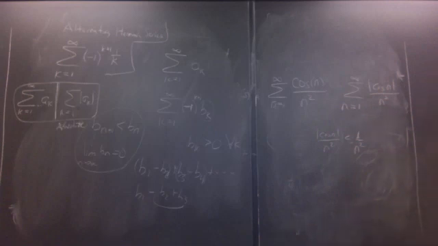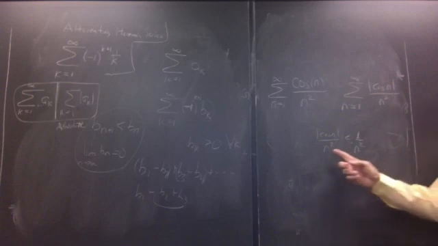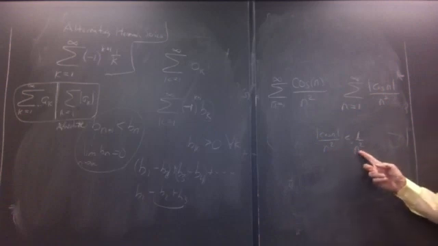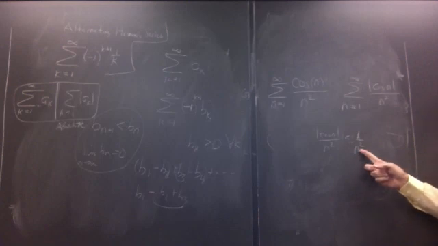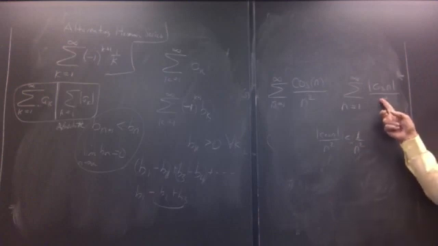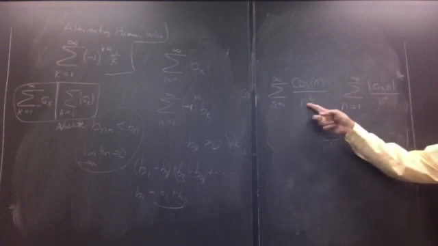The absolute value of the cosine is always less than or equal to 1. So these things are less than or equal to these things. And the things I got my finger on now make up a p-series. The p-series converges, so the absolute value series converges, so the original series converges.